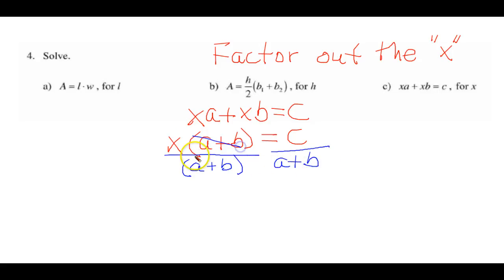So here this cancels out, and I'm left with an X, and the answer is C over A plus B. Now again, you'll have examples that you'll be working, and we'll be doing some in class as part of our additional exercises to give you more practice.